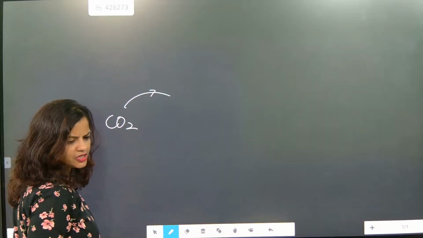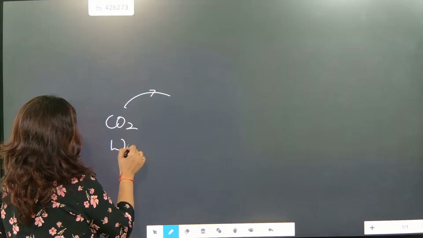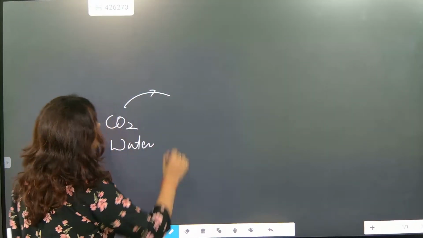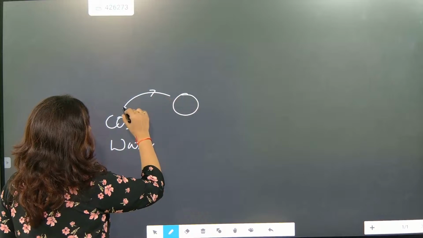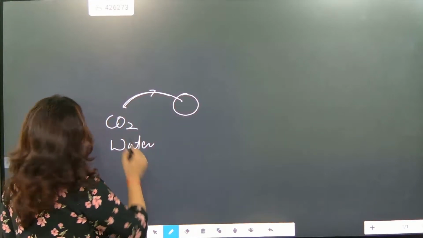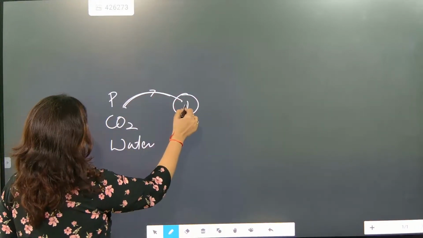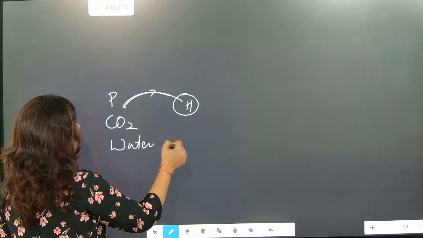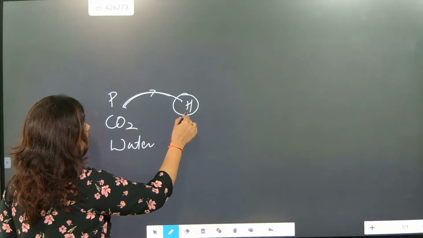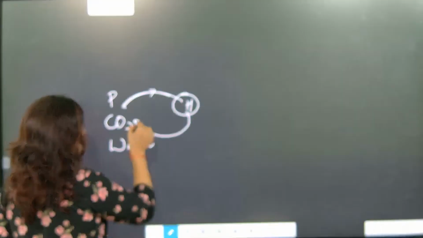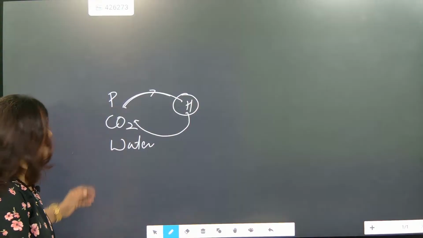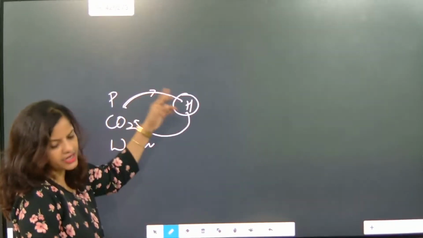Take one material, CO2, and water. CO2 will be utilized by the plant. The plant will be eaten by herbivores, so producers and herbivores. The herbivores eat the plant, and then the herbivores will release this CO2. So that's cyclic. This is cyclic in nature.